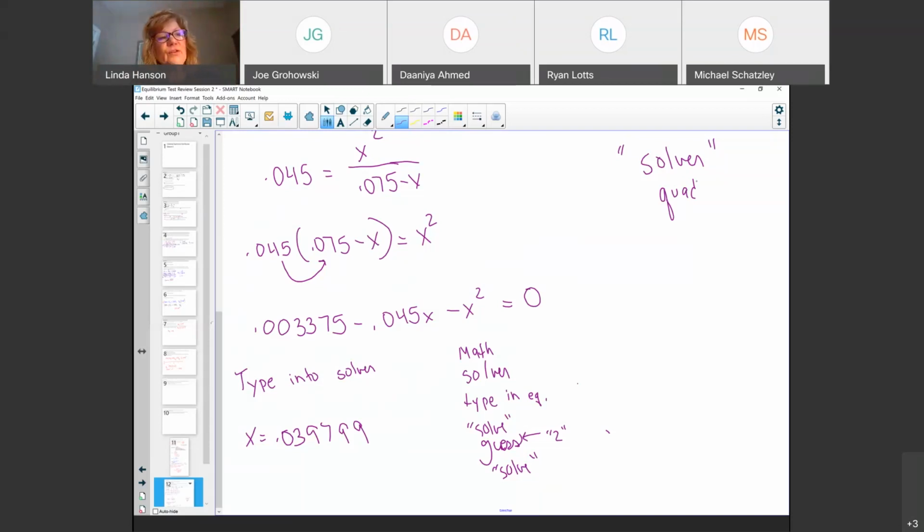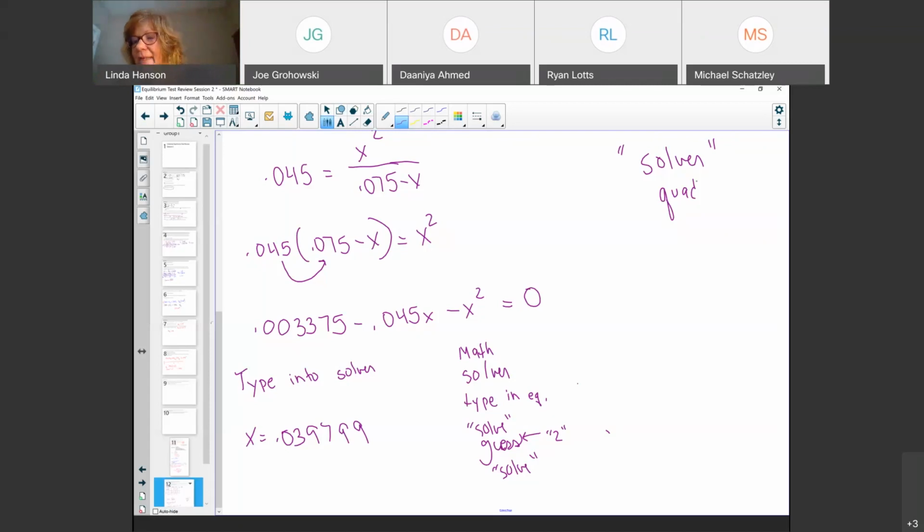But all I'm doing is encouraging you to learn your calculator to solve these types of equations so much faster than having to work through the algebra part. I know it's kind of weird to hear me say I don't care about the algebra, I just want the answer. But especially when you're being timed, you really want to spend more time solving the chemistry problem and not necessarily trying to get X out from these long equations.